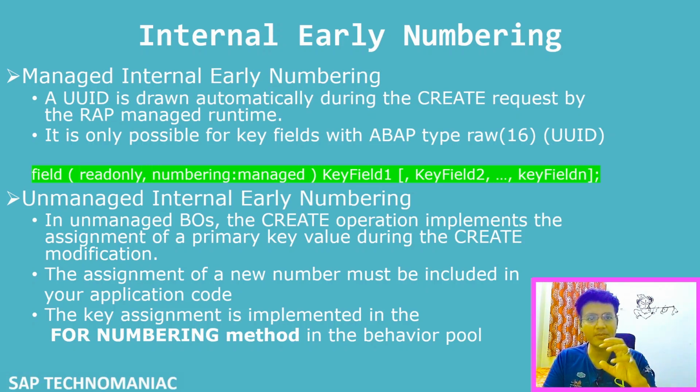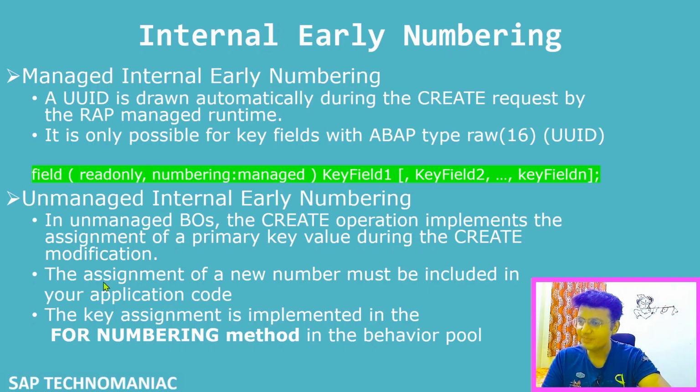SAP has already provided a method for numbering, where you have to write the code to give the number to your primary keys for the travel, booking and booking supplement instances. It will automatically trigger this. When you click on the first create modify statement, it will automatically trigger this method where we have to give our initial ID number.